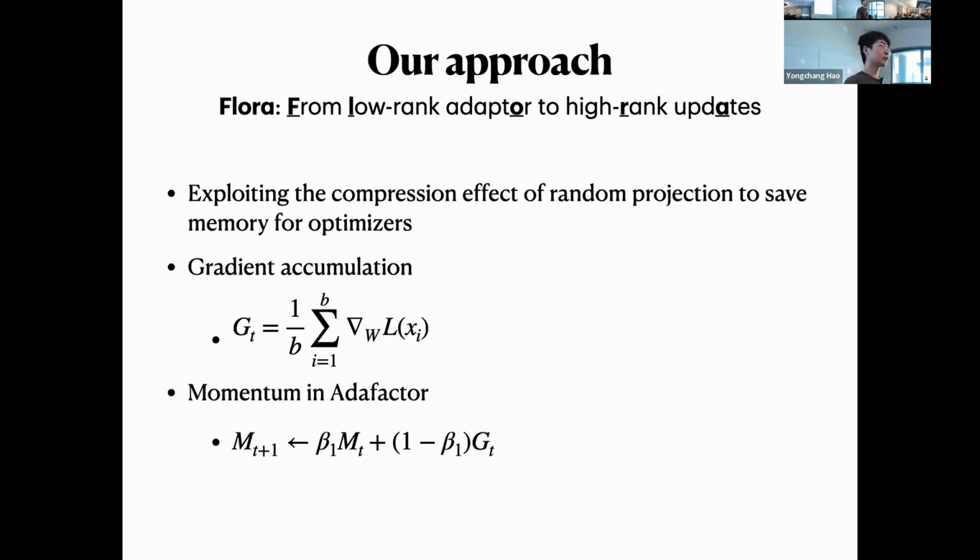But if you want to apply gradient accumulation, you need another gradient buffer to store the accumulated gradient, and that's the same size as the model. So we're thinking that probably we can compress the accumulated part to make it memory efficient. And another scenario is momentum in Adafactor that we just discussed.